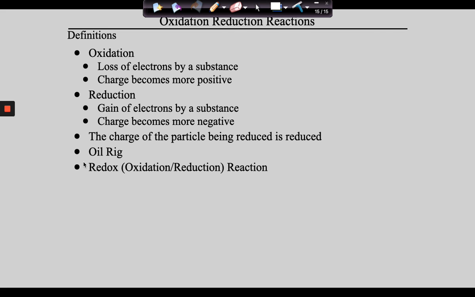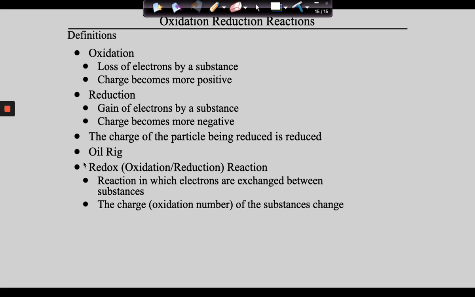So when we pull these together, we call this process redox. Redox is the accepted contraction for what we call oxidation-reduction reactions. So guys, oxidation-reduction reactions then are processes in which electrons are exchanged between substances.